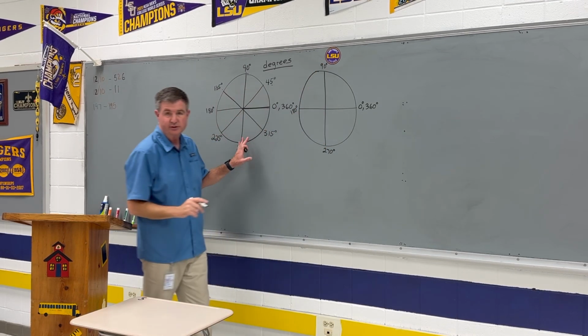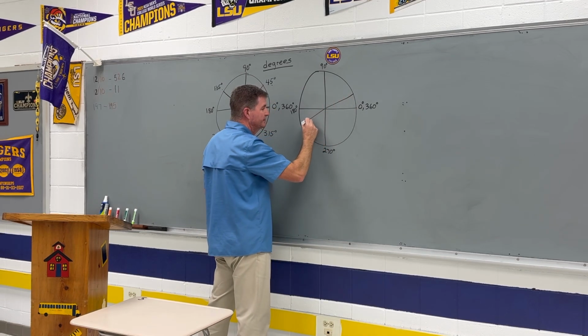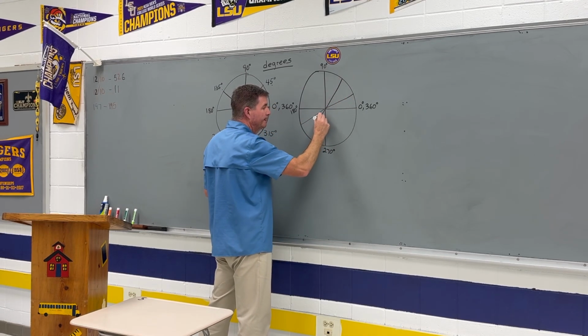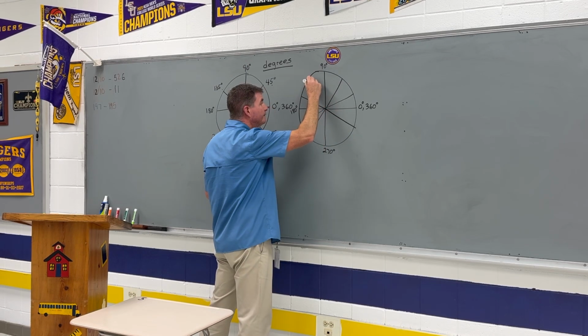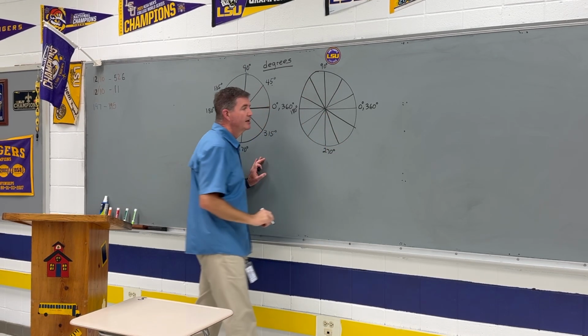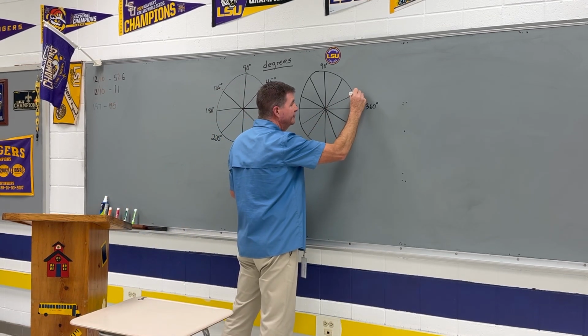Again, the same as on this one. But now I'm going to split it into 30 degree increments, so that each one of the angles that we refer to is going to be 30 degrees.